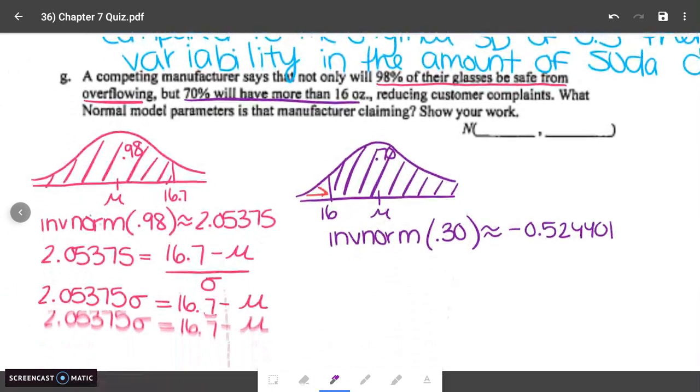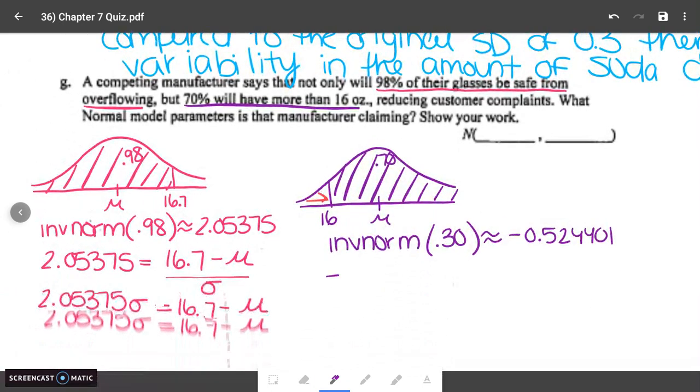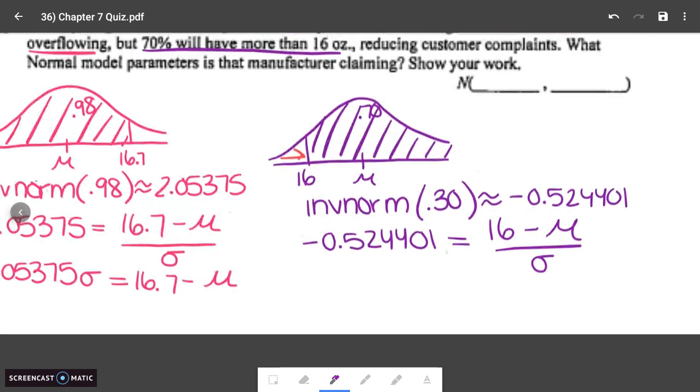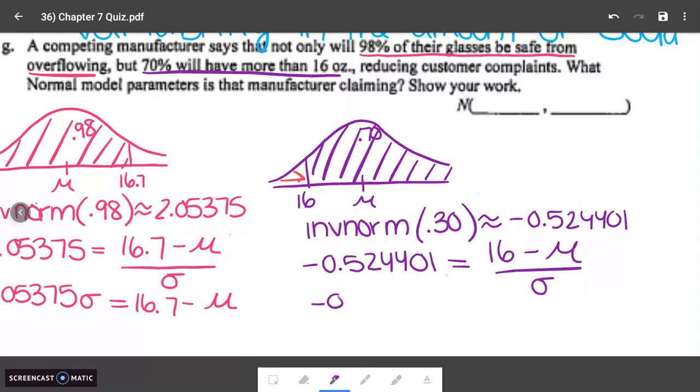So I'm going to do the same kind of setup we did for the last one. We're going to take that negative 0.524401 equal to 16 as our value. We don't know our mean or standard deviation, but I'm going to set it up the same way. I'm just going to cross multiply here. Now, the reason why I've done this is I've just done the two parts that are in here.